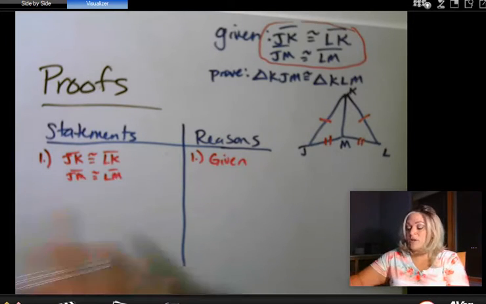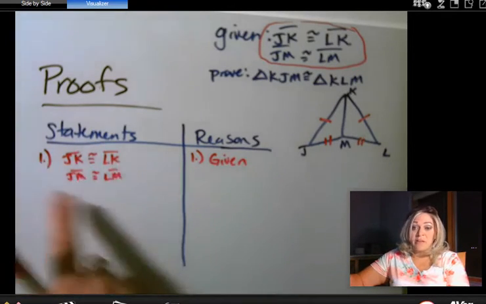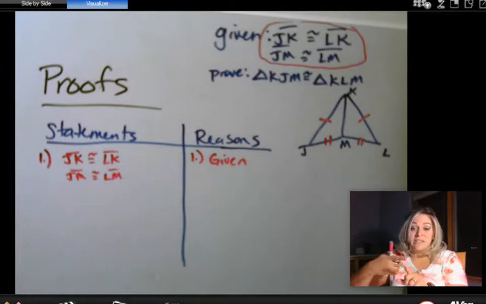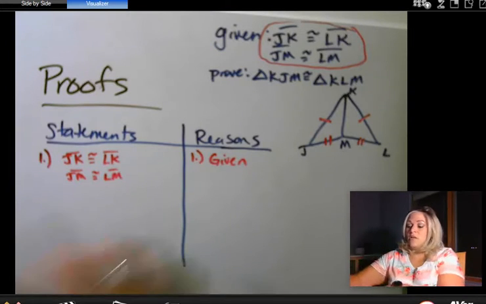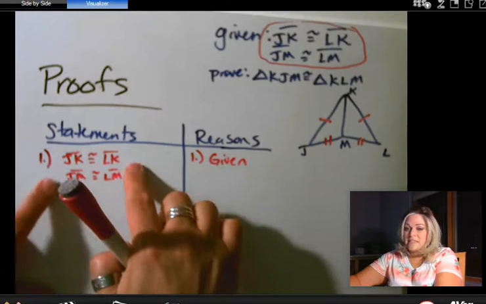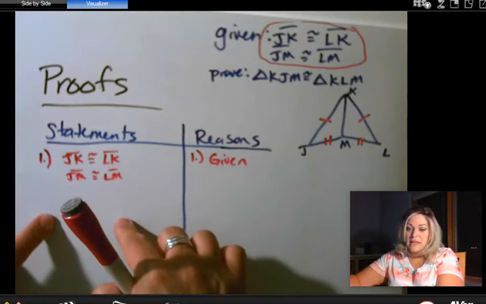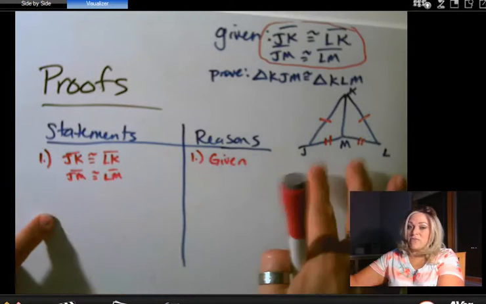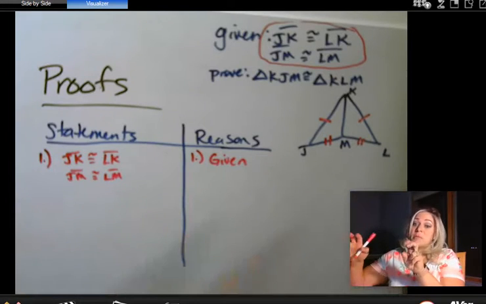You might even, if you were given something about parallel lines, you might need to know alternate interior, alternate exterior, corresponding angles, or same side interior angles. So you have to think about all those things: what are you given? Does this lead you to anything else? And if it doesn't, let's see if your visual leads you to something else that you're just supposed to know.